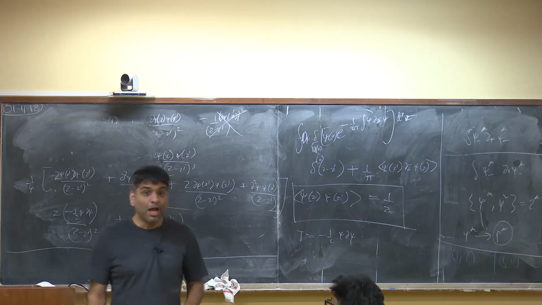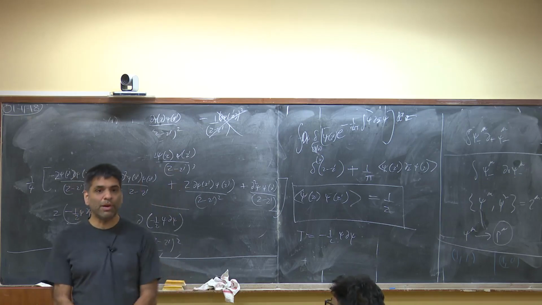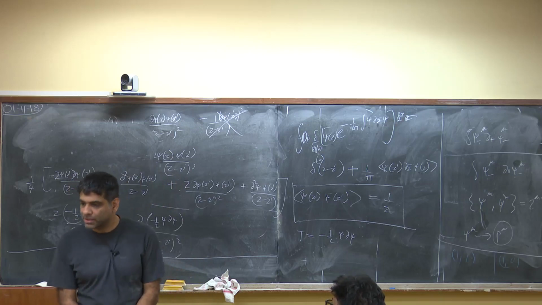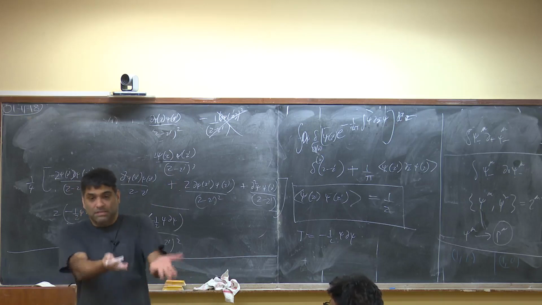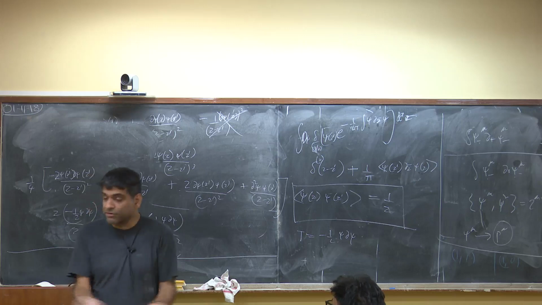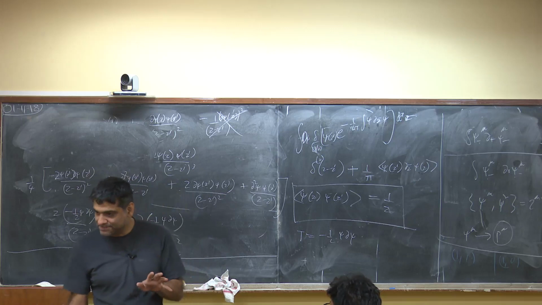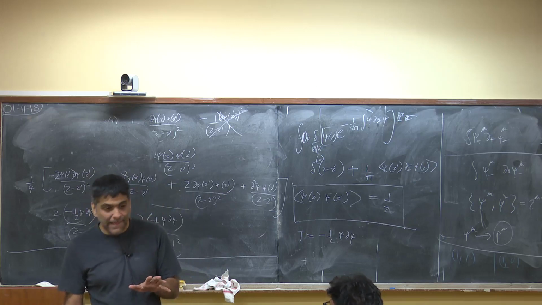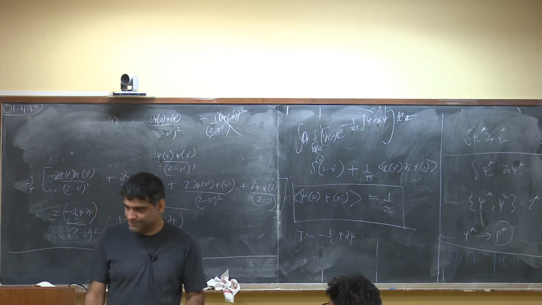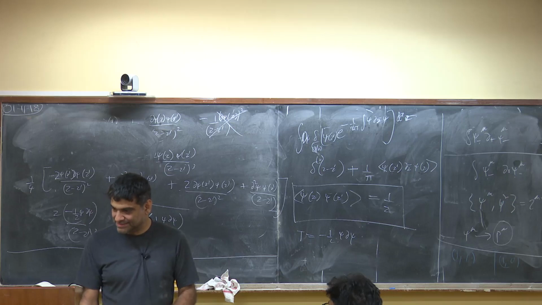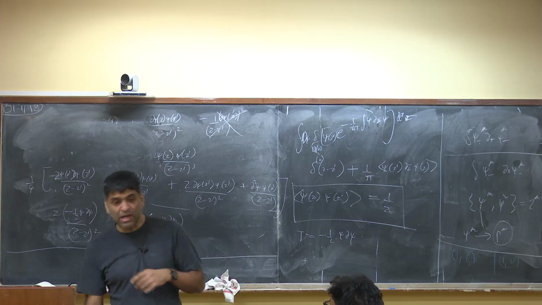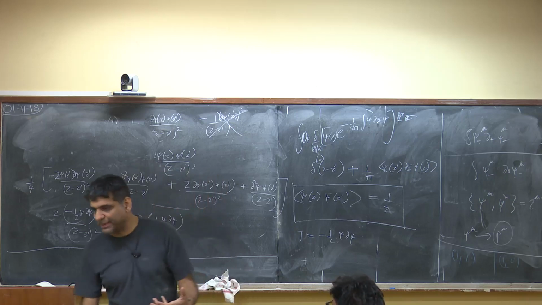Now that immediately tells you that you've got a lot of power, because if you've got only one charged field, then in terms of this form, you can't write certain terms. So there are certain terms in the Lagrangian that you have a great deal of control over. It gives you more constraints on dynamics, so it allows you to make some exact statements about dynamics.